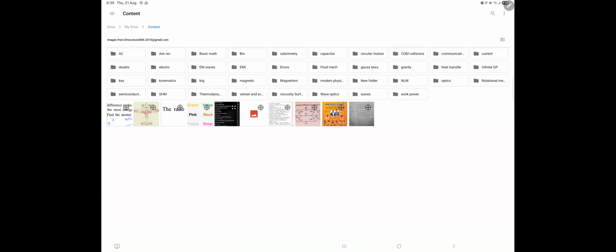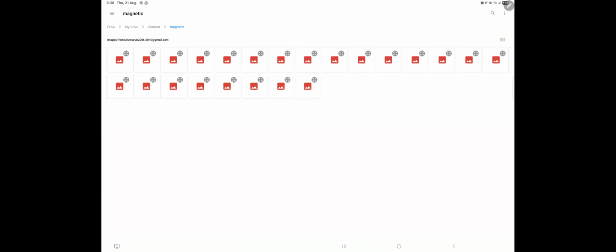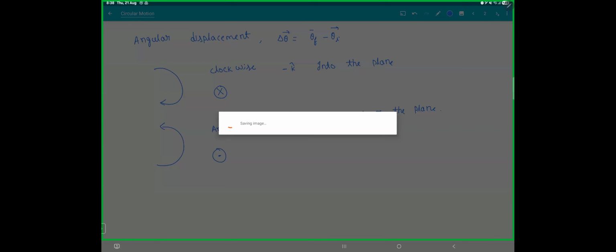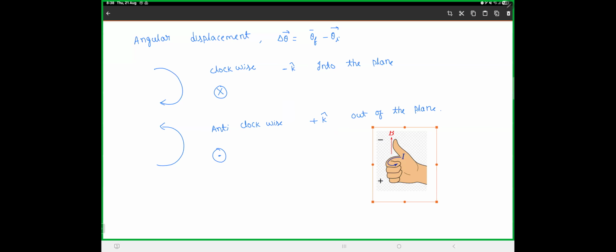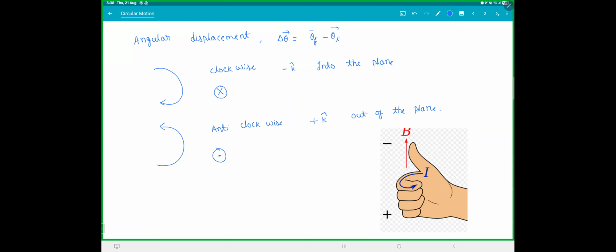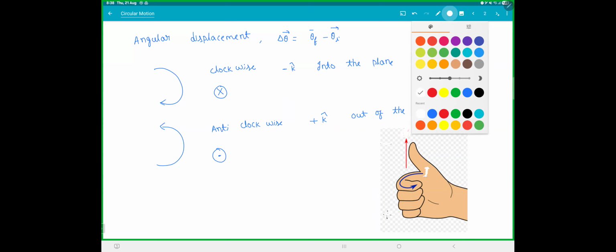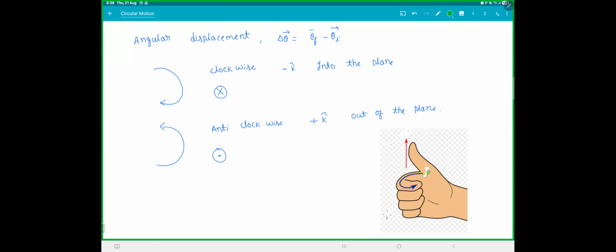So these fingers are the rotation. If you take your right hand and make a curl of the fingers, if you make a fist, that gives you the rotation. The thumb gives you the direction.